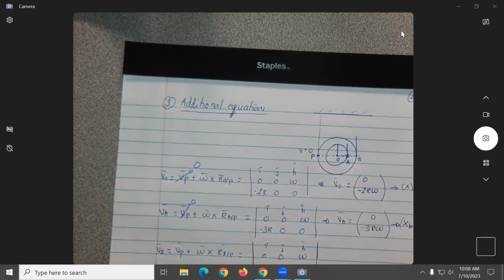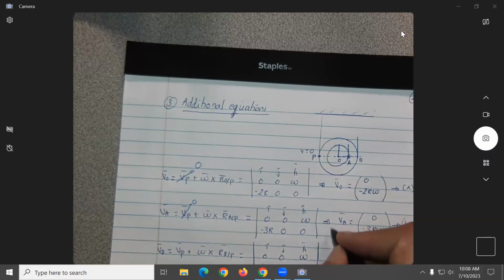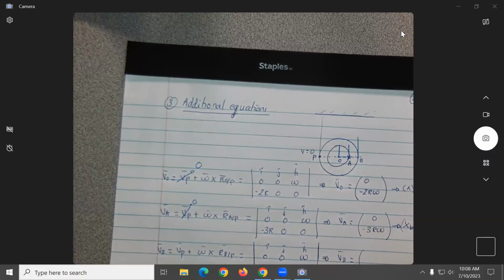And what will the distance over here be? 4R, no? And this one is the one that will be related to X sub C.